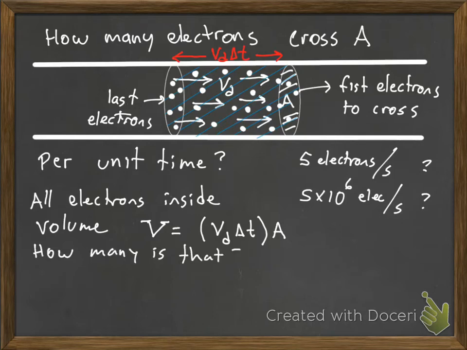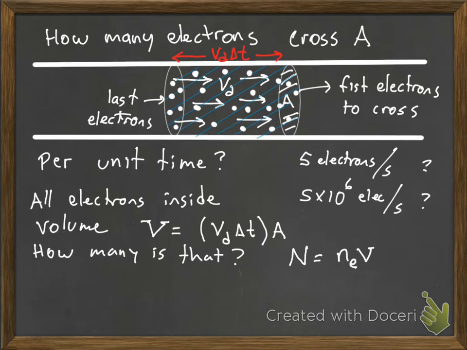Well, it turns out that the density of conduction electrons inside a conducting material is fairly constant. So electrons, in that sense, behave pretty much like a fluid, like a liquid flowing inside of a pipe. As you know, liquids are not compressible.